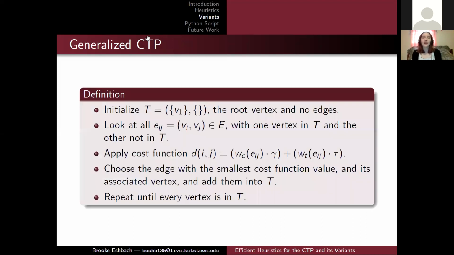And so when we apply ModPrim to that, it works the exact same way, except now our cost function has WCij times gamma, which is our cable cost times our cable weight, plus our trench cost times our trench weight.